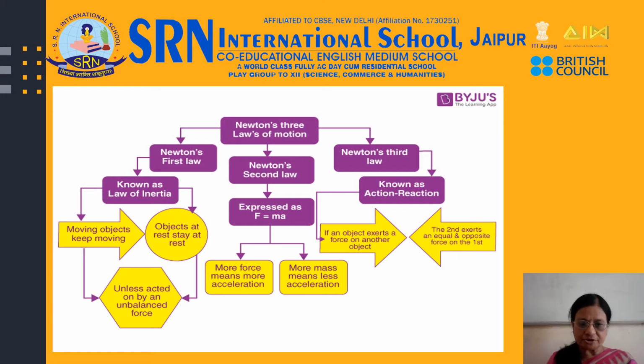Newton's laws of motion. There are three Newton's laws of motion: Newton's first law, Newton's second law, and Newton's third law of motion. Newton's first law of motion is also known as the law of inertia. In this case the moving objects keep on moving, or the objects at rest stay at rest, unless acted upon by an unbalanced force.